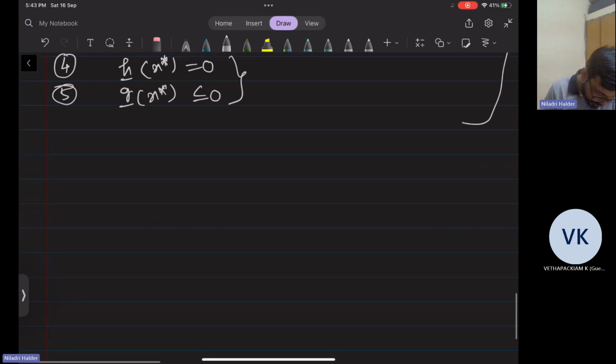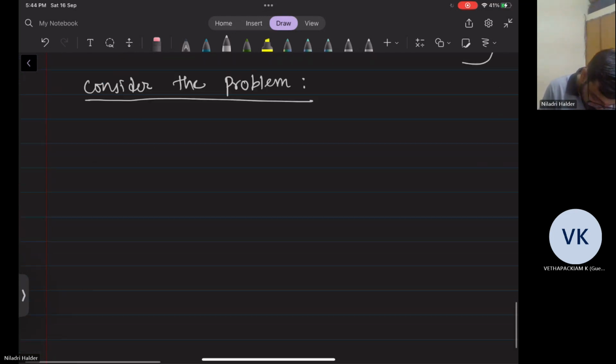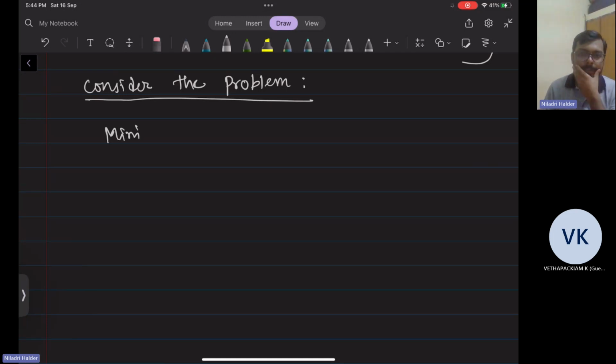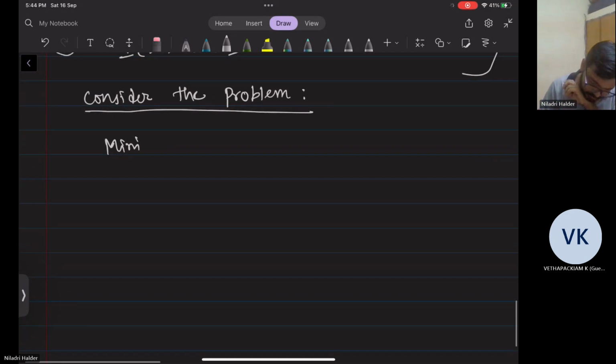Now consider the problem. Suppose one problem is there. I will use these KKT conditions for that problem. Minimize 2x1 square.